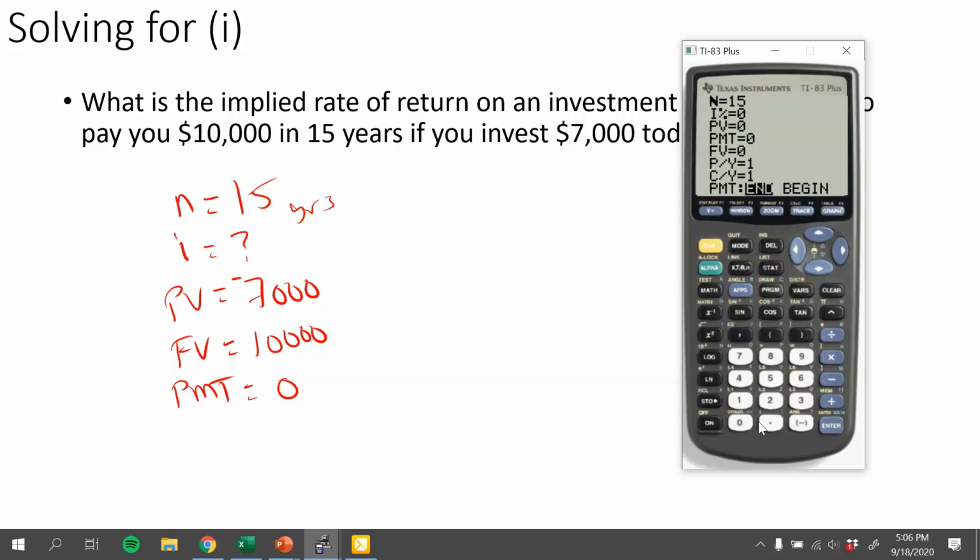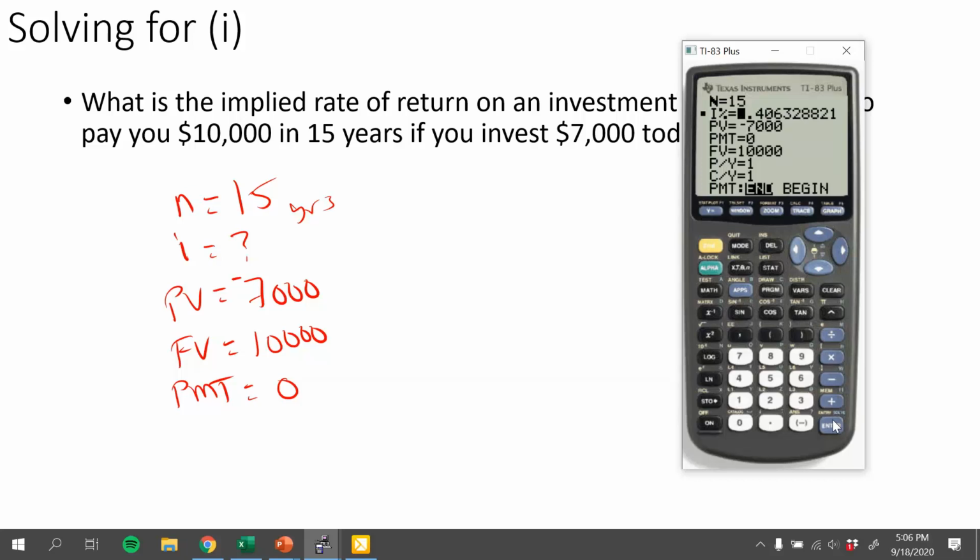I'm going to solve for I, so I'll skip that for now. I'm going to have a present value of negative $7,000. PMT will leave that as 0, and FV will make that 10,000. And I'll go back up to I, and I'll go to alpha, enter to solve for the interest rate. All right, and so I get 2.41% is my implied interest rate.